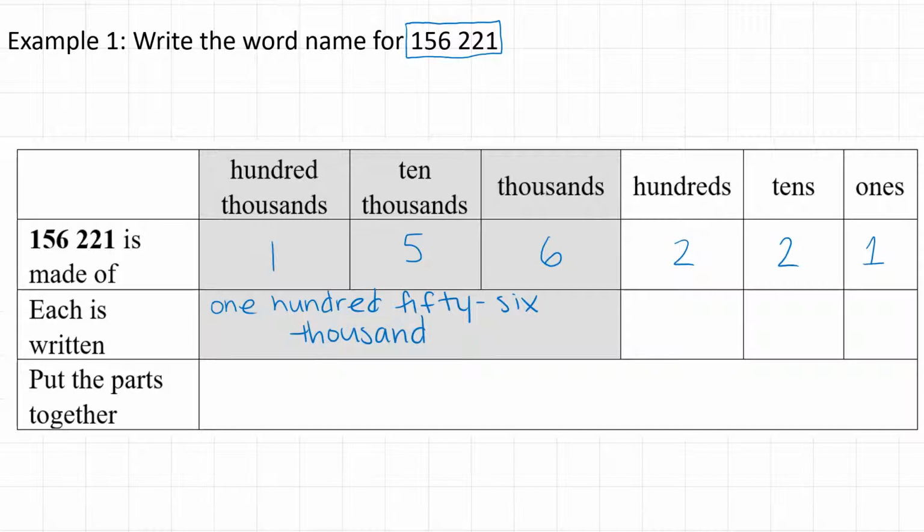All right, now let's move on to the next column, which is the hundreds. This is written as 200. The tens, we've got 2 of them, are written as 20. And finally, in our ones place, we've got the 1. So let's put all these together.